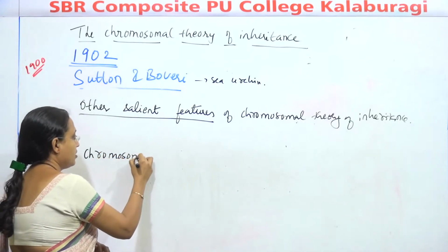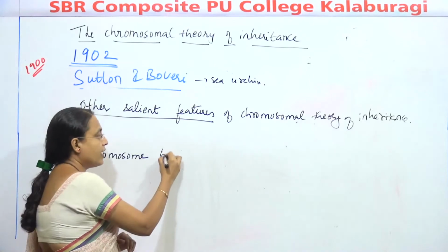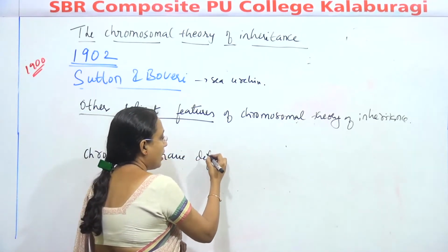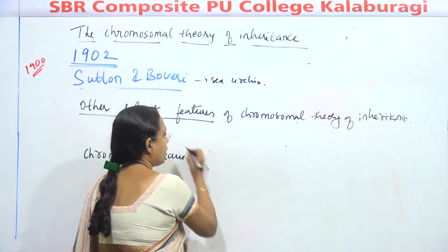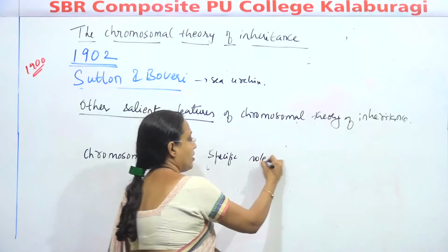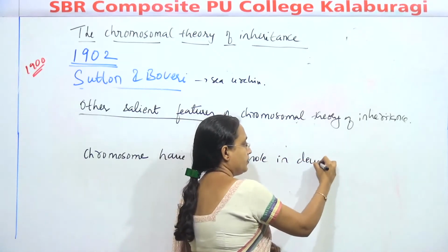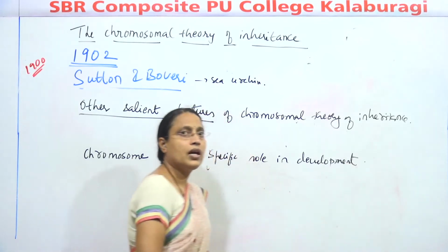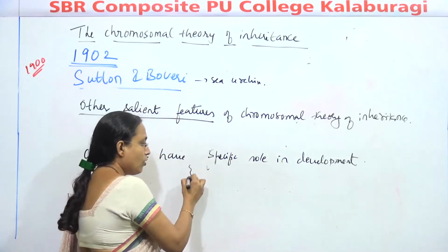Chromosomes have a definitive role, a very specific role, in development. How do you correlate this?